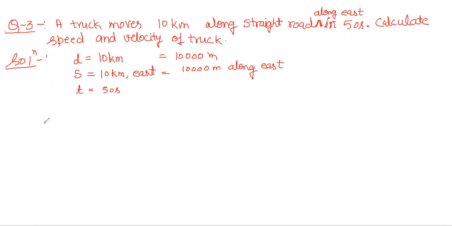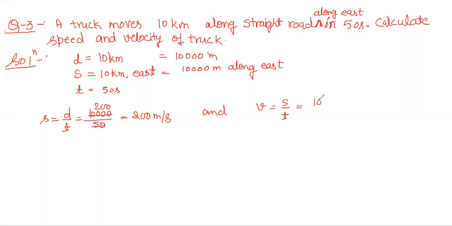Now you can easily calculate speed equal to distance upon time. Speed will be 200 meter per second. And what will be the velocity? Velocity equals displacement upon time.